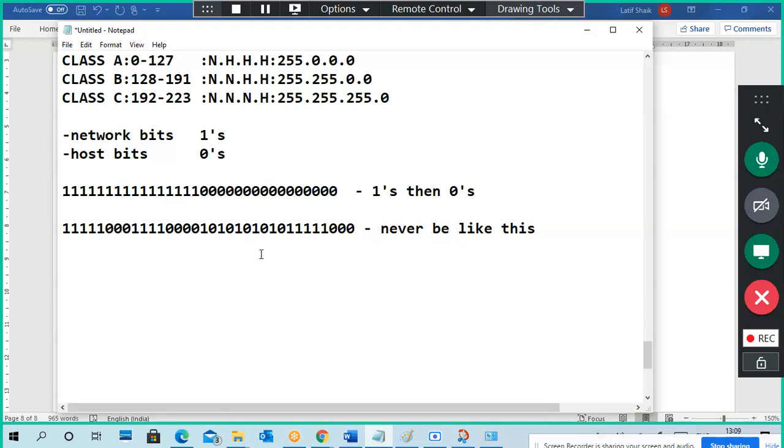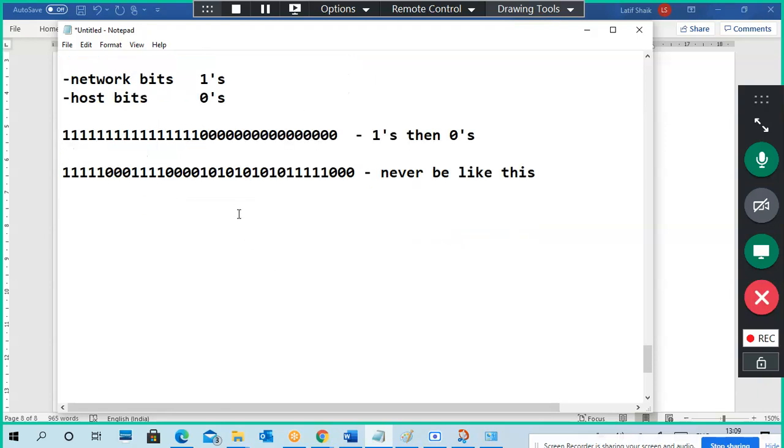I'm not calculating any 32-bit or 64-bit kind of stuff, just for understanding. For example, if you take 255.0.0.0, the meaning is 8 ones and the rest zeros, so I'm converting it to binary.